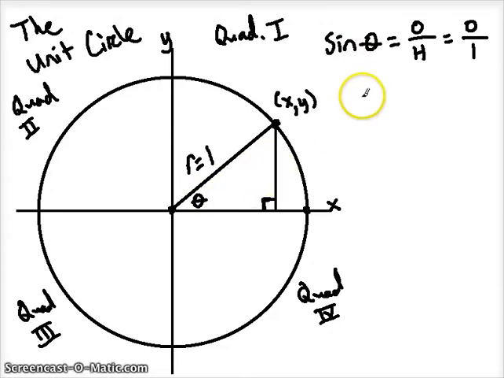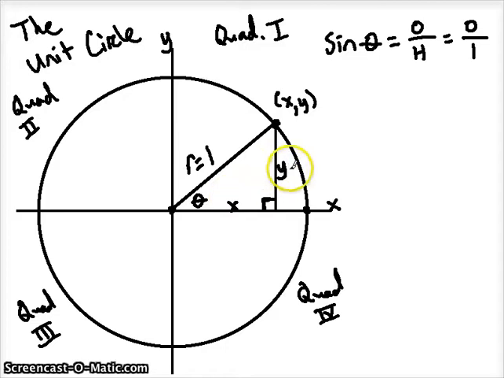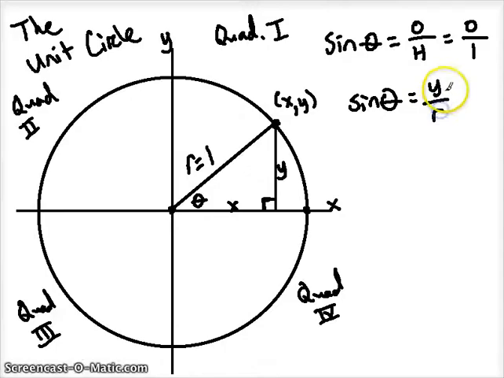Let's take it now in terms of x and y, since we're talking about our coordinate plane. So this side is our x side, this side is our y side, and so now the opposite side is our y value. So we can rewrite our expression as the sine of that angle is equal to y divided by r instead of opposite divided by hypotenuse. And since r is 1, the sine of that angle is really just the y value.